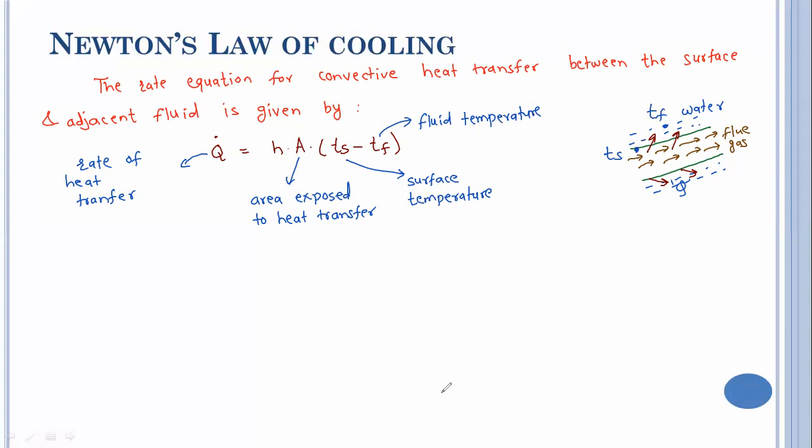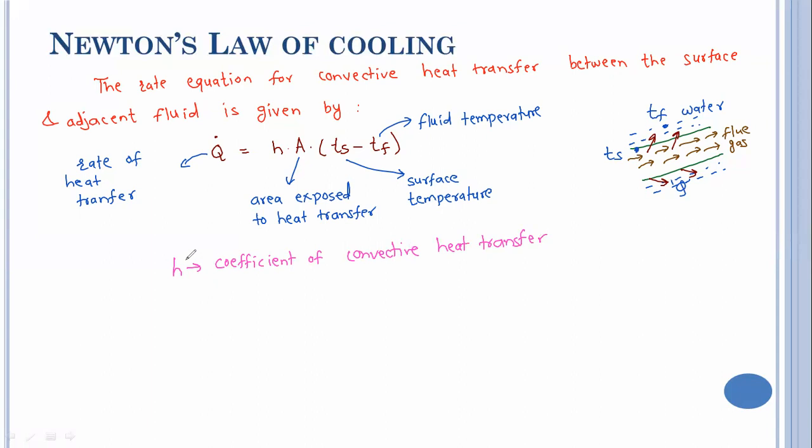And now what is H? Basically H is the coefficient of convective heat transfer. Like we have seen the capital K, the thermal conductivity, likewise H is the coefficient of convective heat transfer.